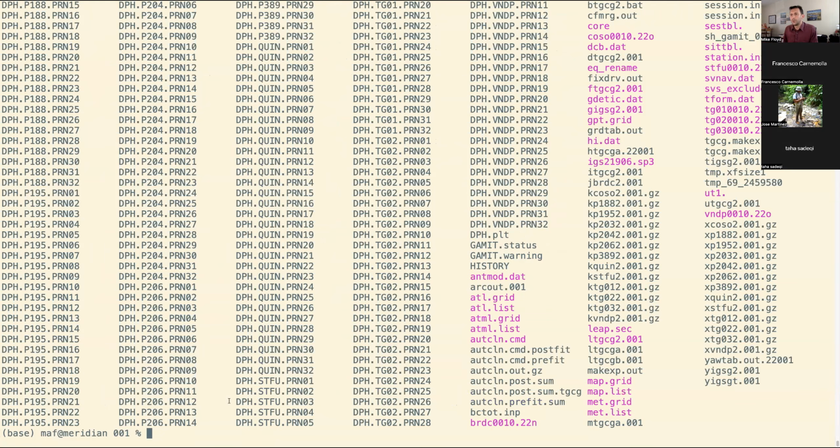All of these DPH files are basically delta phase. They're phase residual files for a site and a satellite. So for each site-satellite pair, there is a phase residual in these DPH files. So let's just look at Quinn for satellite number 1.